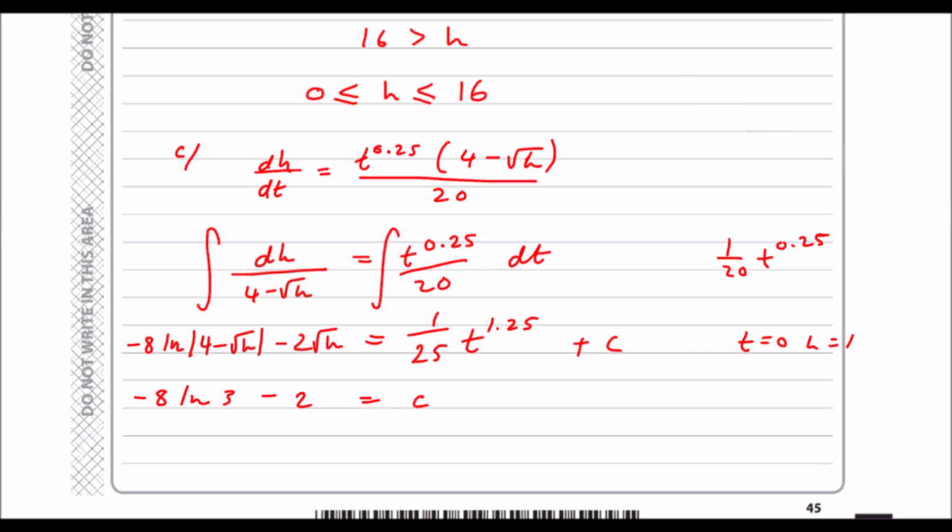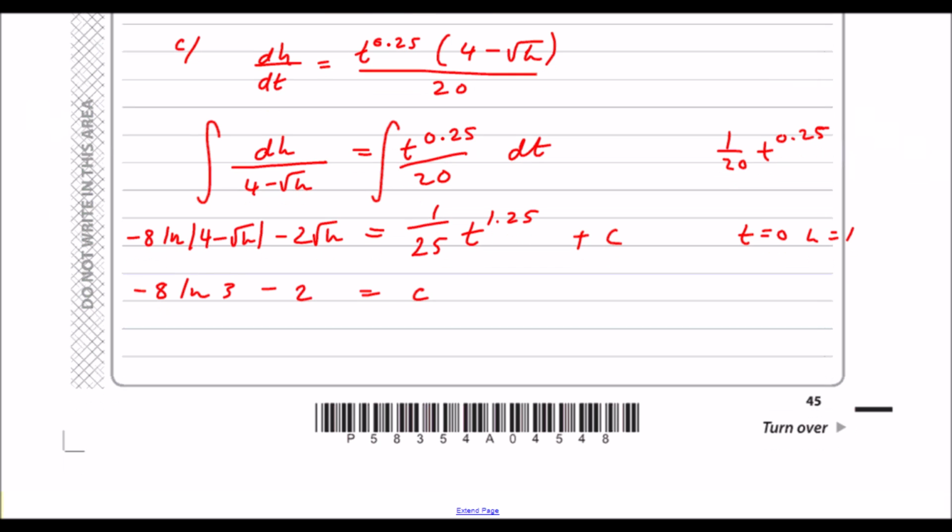So we've found c, so we now have minus 8 ln the mod of 4 minus root h, minus 2 root h equals 1/25th t to the power of 1.25 minus 8 ln 3 minus 2.